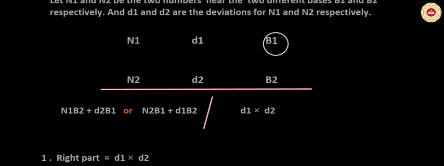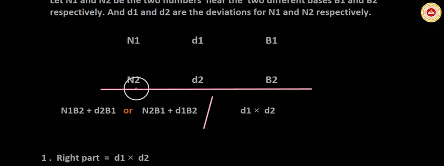Just below these three numbers, write another three numbers: n2, the given number, d2, the deviation for that second number, and b2, the nearest base for n2.